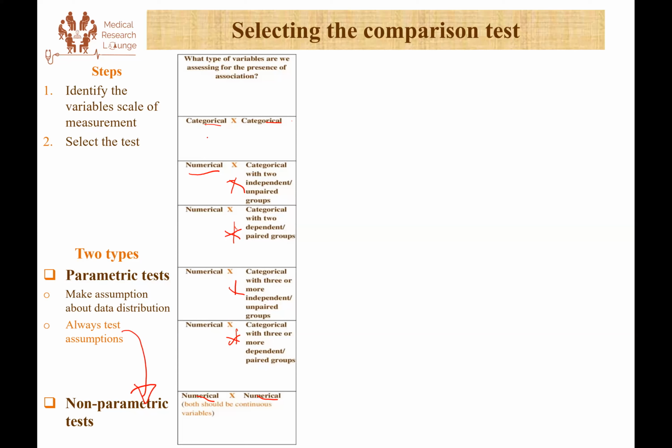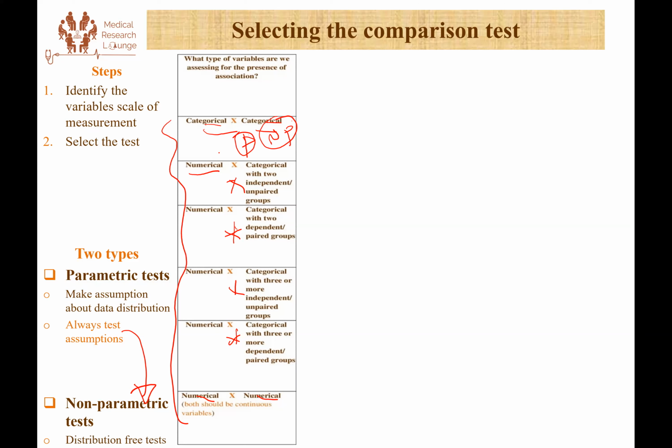Each of these variable combinations has two test options. If somebody asks what kind of test should I use to compare two categorical variables, you have two options, one parametric, one non-parametric. If you have both tests, which one should we use? The first option is always a parametric test.